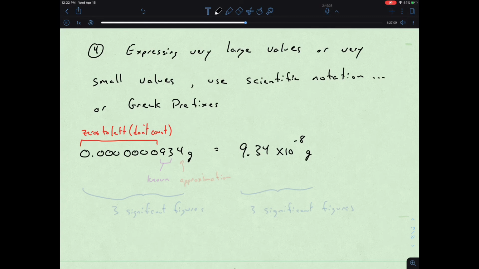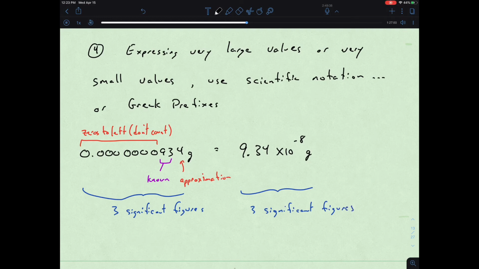Here we have our known digits, and the 4 is the approximation. So we started on the left with something that has 3 significant figures, and our number on the right also has 3 significant figures.